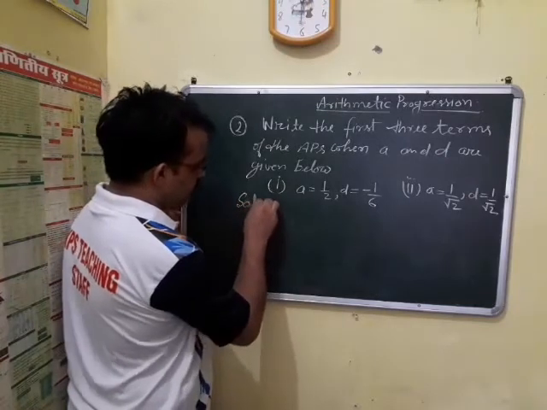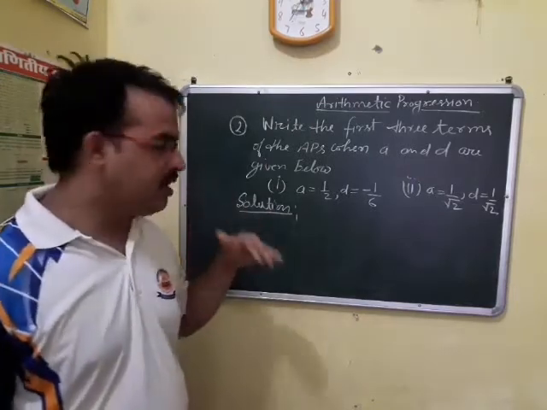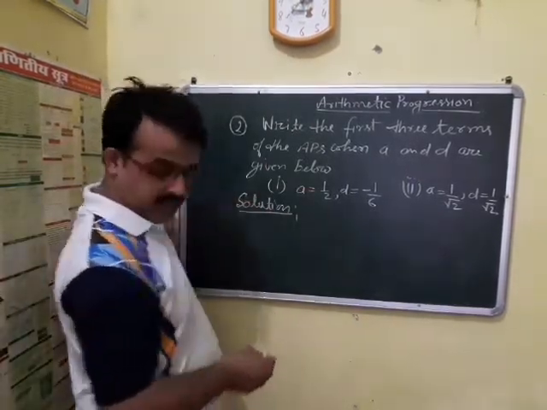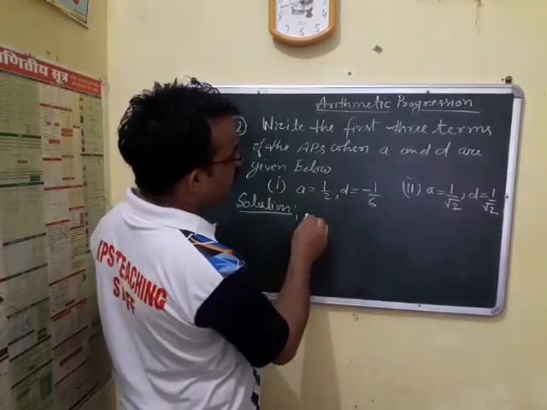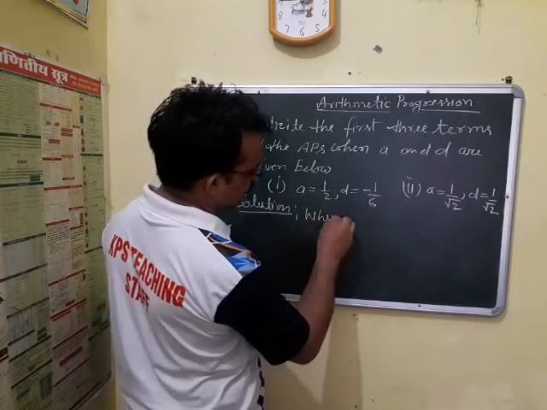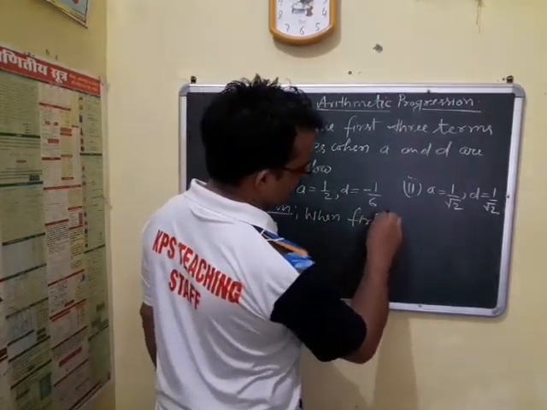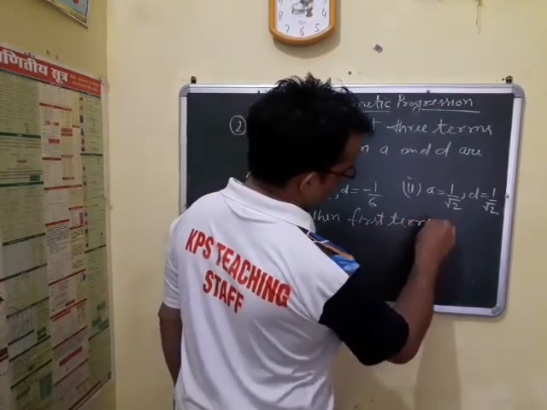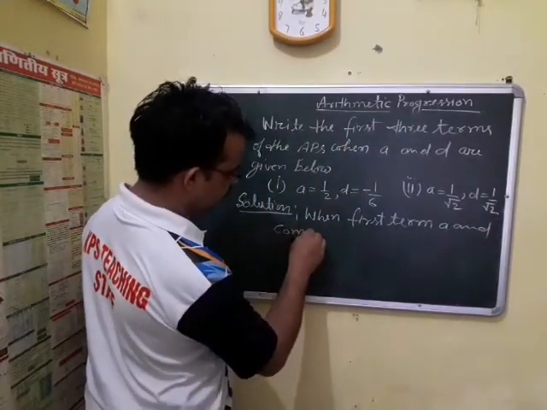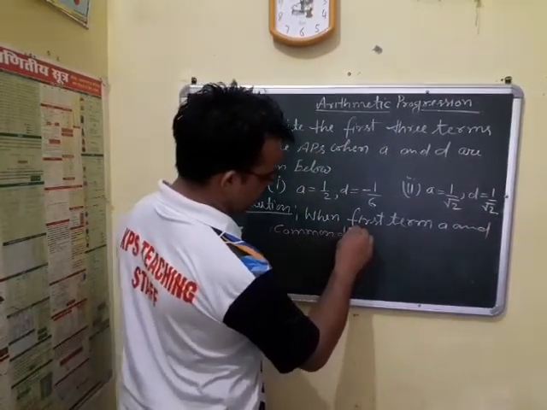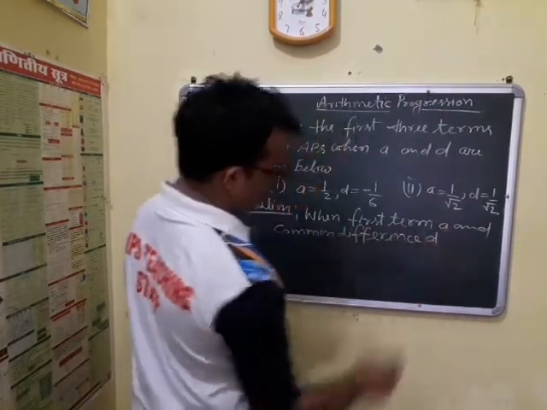Now solution. आप लोग जो कैलकुलेशन से भागते भी हैं. Now here it is given that when the first term is A and the common difference is D, clear?